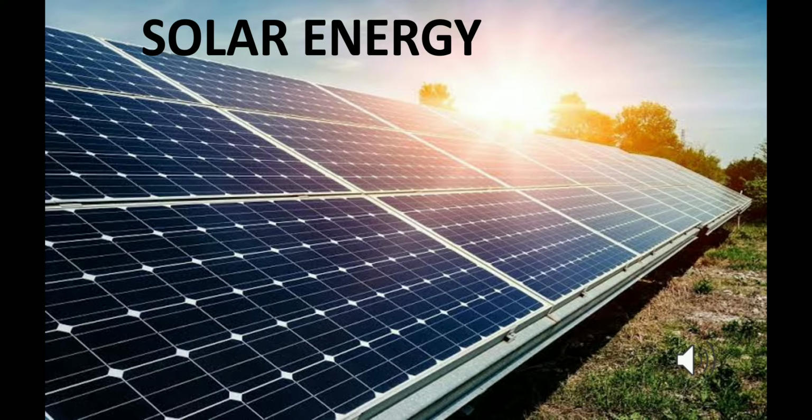Solar energy is radiant light and heat coming from the sun that is harnessed using a range of ever-evolving technologies such as solar heating, photovoltaics, solar thermal energy, solar architecture, and artificial photosynthesis. We all know the details of this. How is solar energy used up in different forms? So one of the main forms of energy is solar energy. So we move forward.